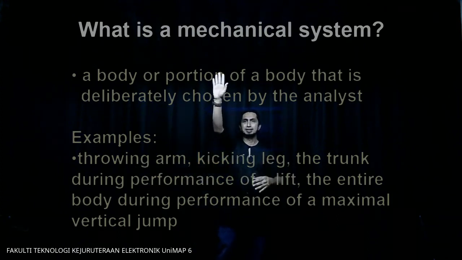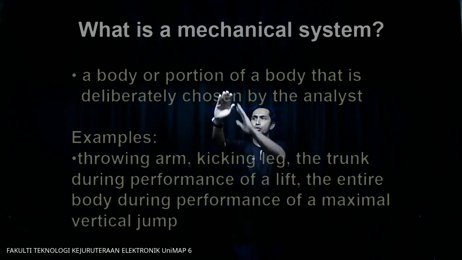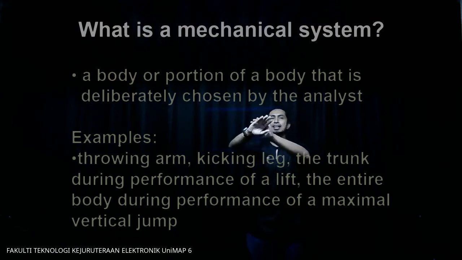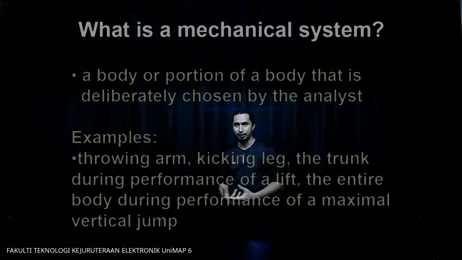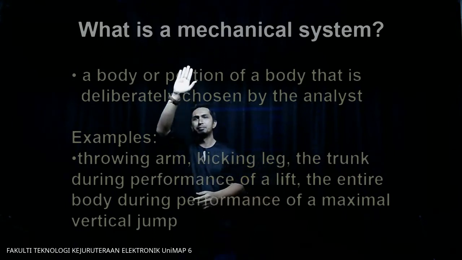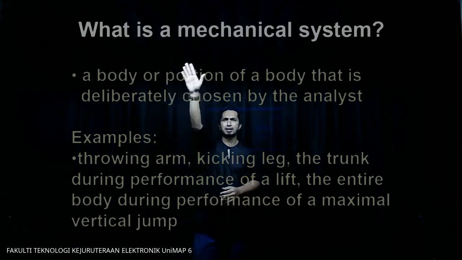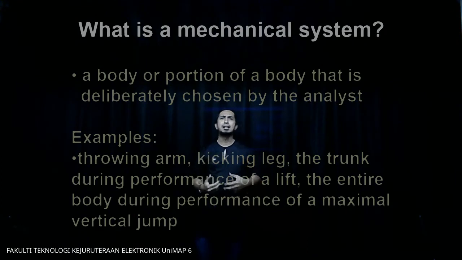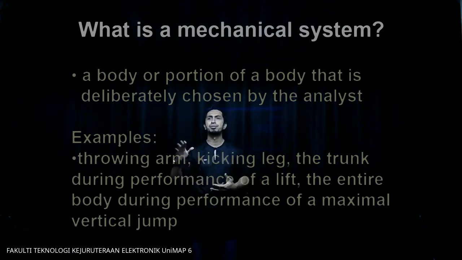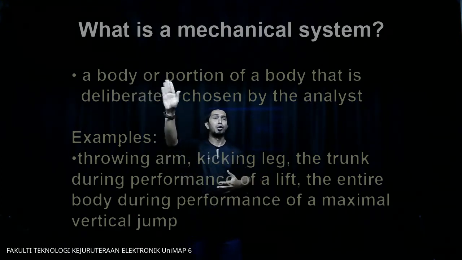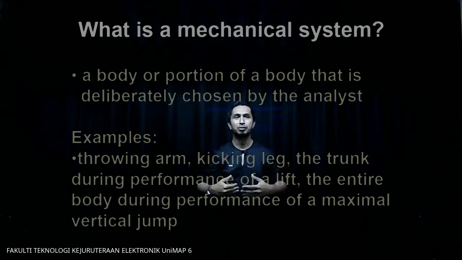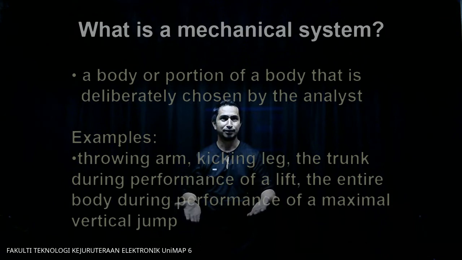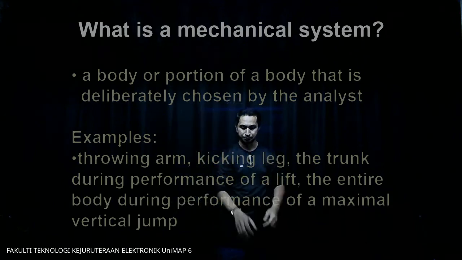A mechanical system is not only focused on one part of the body, it can also be a combination of different parts of our body. Some reference books use this term. So in biomechanics, a mechanical system refers to a body or portion of a body that is used to be analyzed.